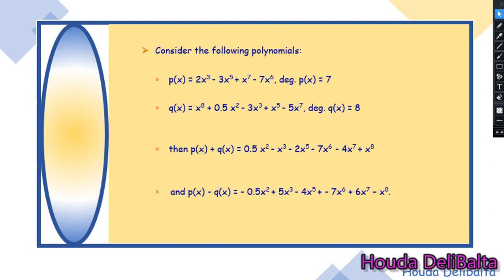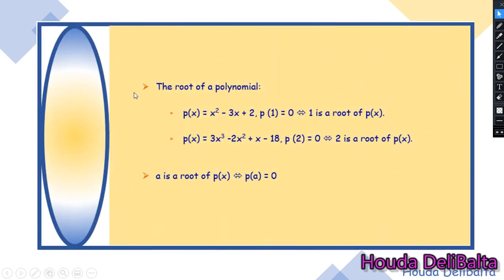Let's continue about polynomials, and here we are going to talk about the root of a polynomial. We have this example: p of x equals x squared minus 3x plus 2. I write that p of 1 equals 0, equivalent to saying that 1 is a root of p of x. What does that mean? And why 1? That means if I replace x by 1, I'm going to get 0, because I'm going to get 1 squared minus 3 into 1 plus 2.